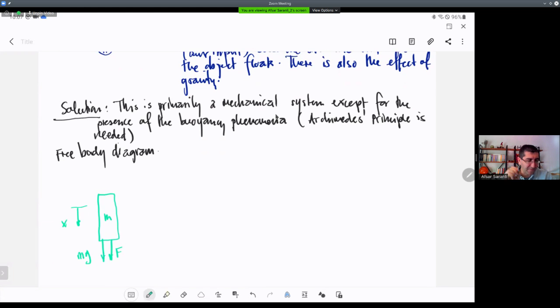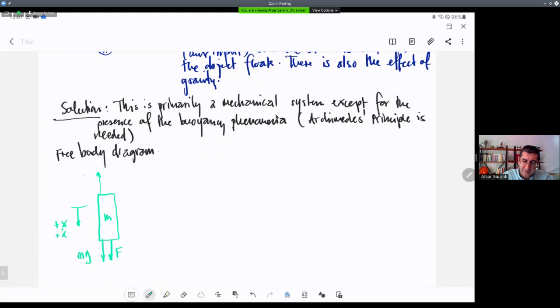So we have also the frictional force. If the object is moving downwards, that means the velocity direction is downwards. You see, x might not have a sign, but x dot definitely would have a sign, right? So we need to assign still a direction, and the downward direction is the positive x and positive x dot direction.